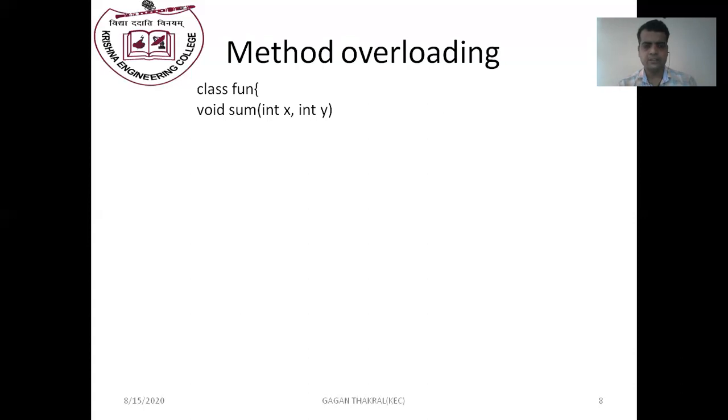Now we write a function void sum, and this function accepts two integer type arguments, int x and y. The definition of this function contains the sum of these two integer values x and y, and stores this value into z. After that, we print the value: the sum is, and the variable z, which stores the sum of x and y.